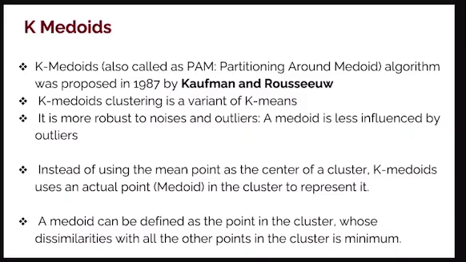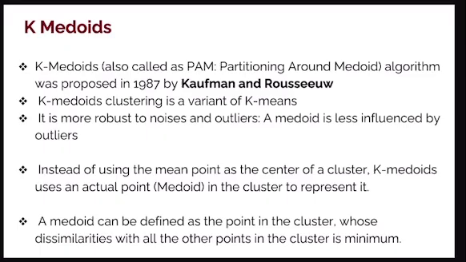I'm quickly going to summarize this. What is the difference between K-means and K-Medoid? Or let me just say, why do we need K-Medoid? Why not just be satisfied with K-means?